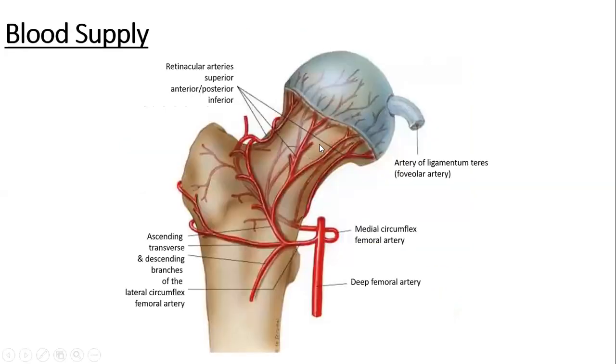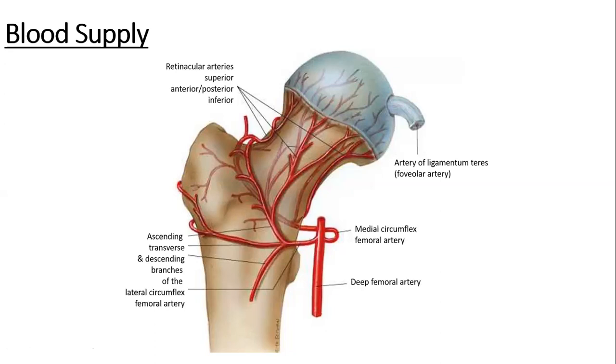Blood supply of the hip joint is of great clinical significance because, as I mentioned earlier, in adults, the neck and head of the femur receive their blood supply from the retinacular arteries, which arise as branches from the trochanteric anastomosis.